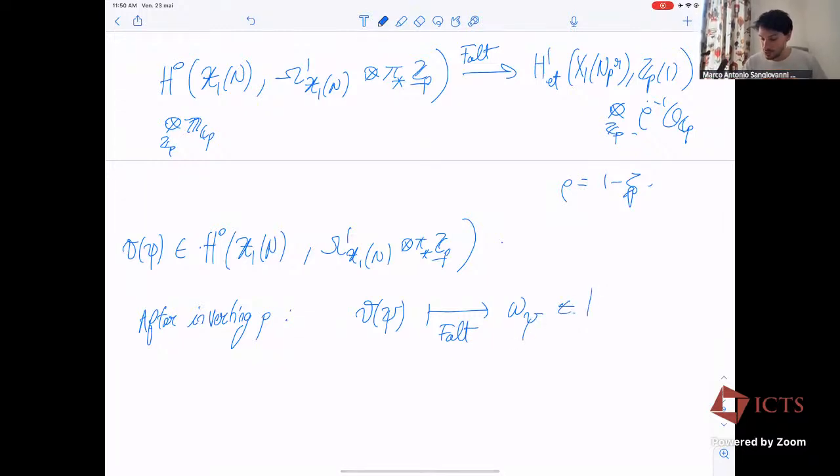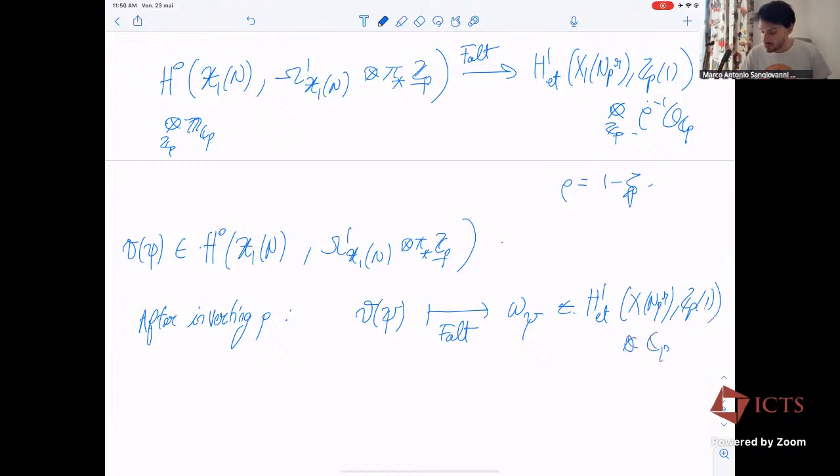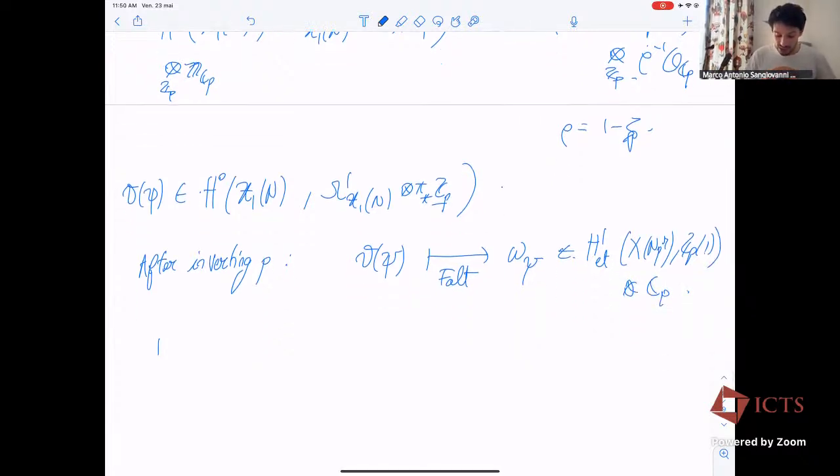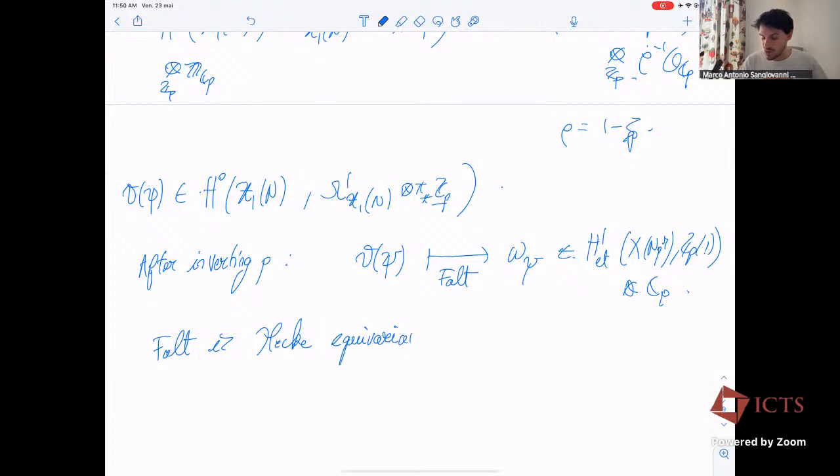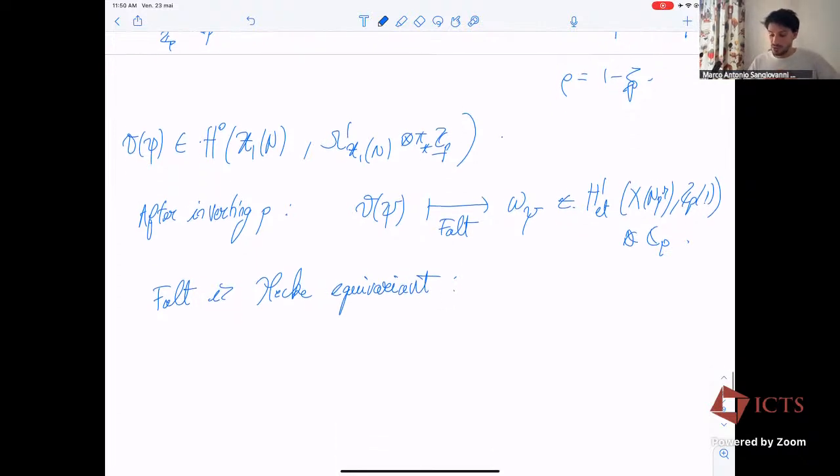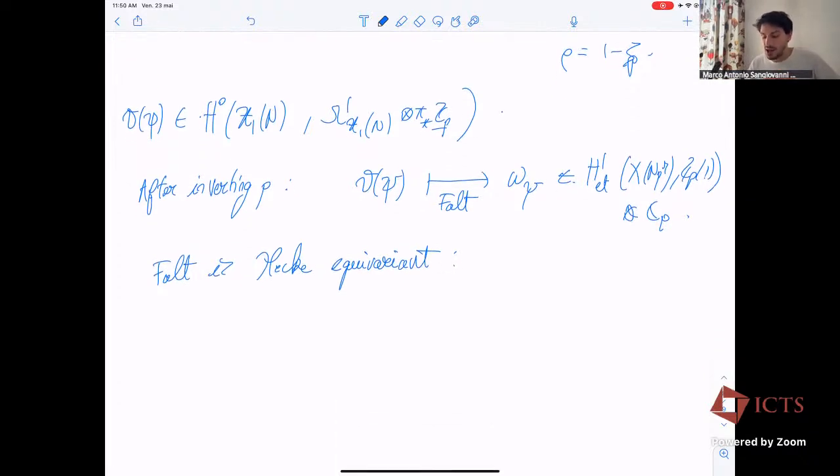So this is going to be an element of H^1 étale of X_1(N p^r), Z_p(1), tensor C_p. But the Faltings map is Hecke equivariant after you invert p. So omega psi needs to lie in rho psi tensor with C_p.